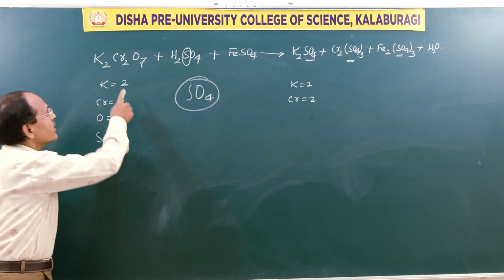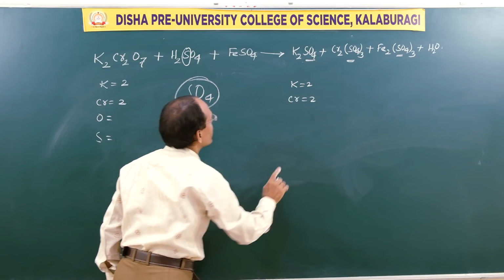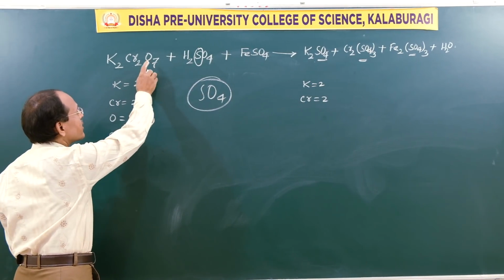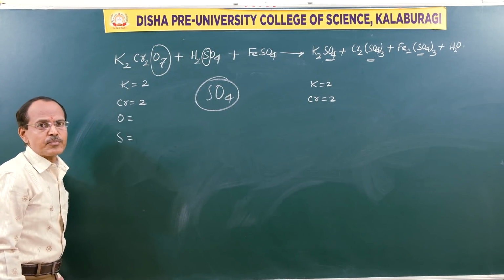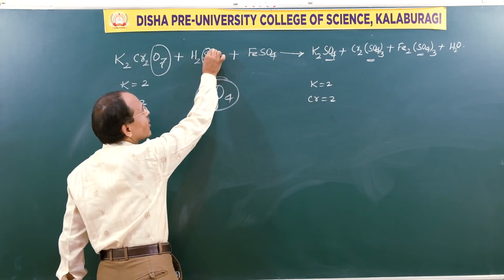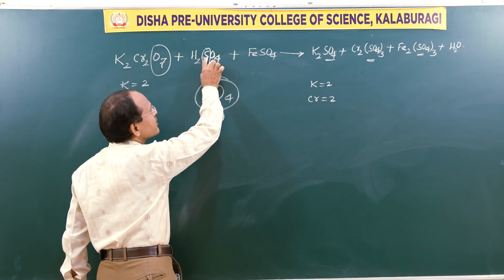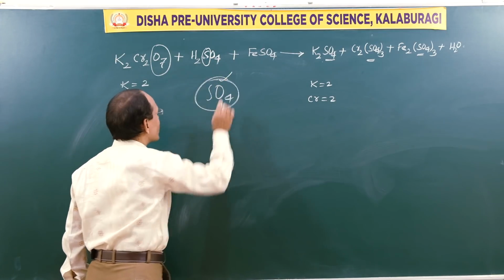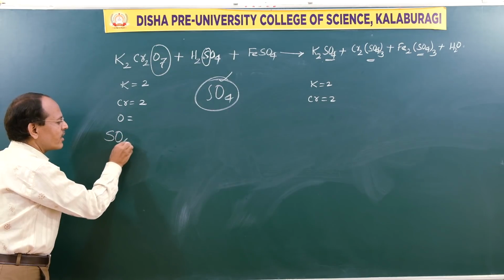So here chromium is 2, here also chromium is 2. Oxygen is a separate identity, and here this oxygen is bonded with sulfur in SO4. Therefore, instead of sulfur, I will take it as sulfate.